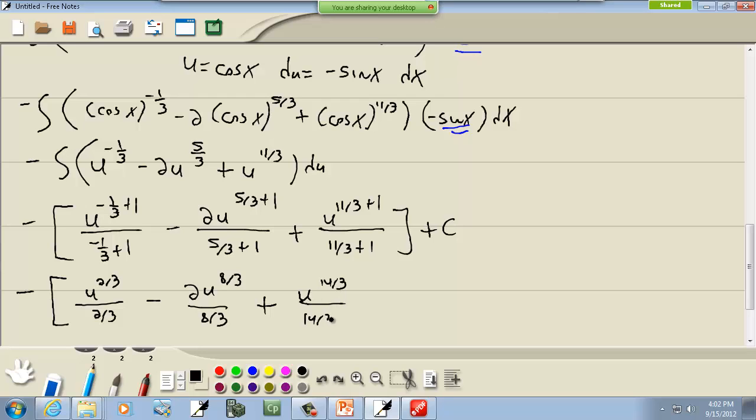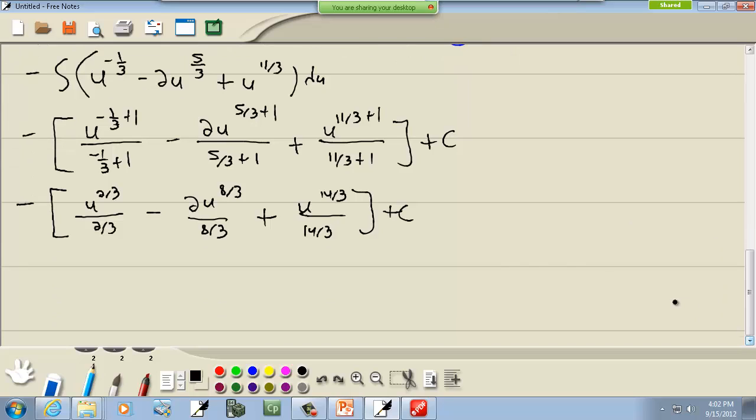And then we have 14/3 down there, plus c. Okay. Now we're going to do a couple of different things here, since I'm about out of space. You got a single fraction downstairs, so you flip it and multiply it times your top part. So, and I'll go ahead and take this negative and carry it through. So this becomes negative 3/2 u to the 2/3.